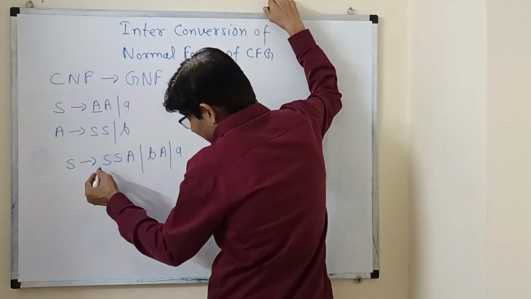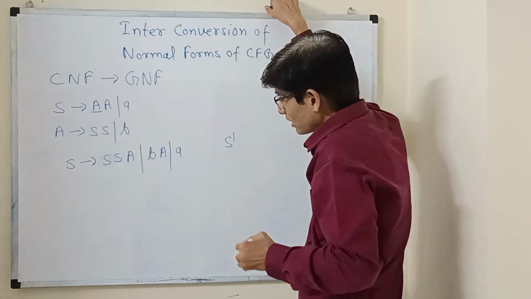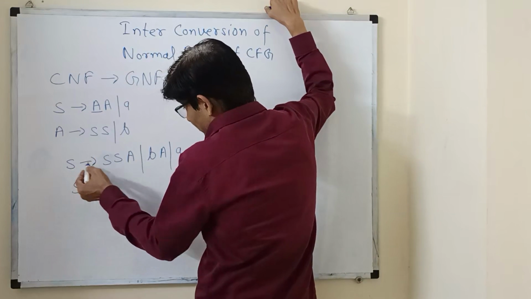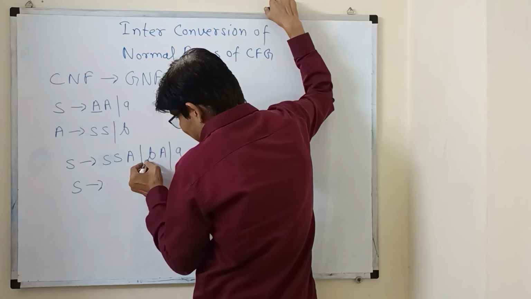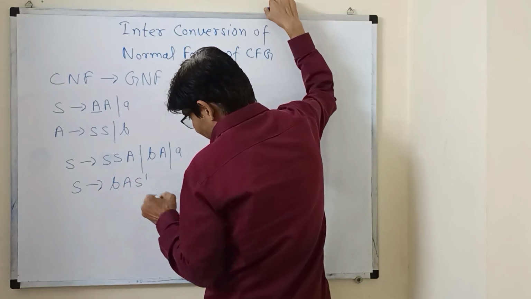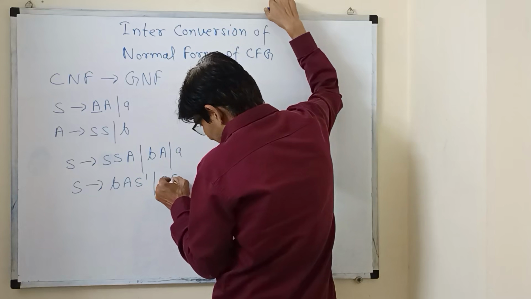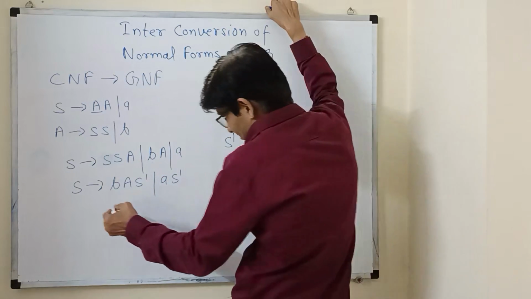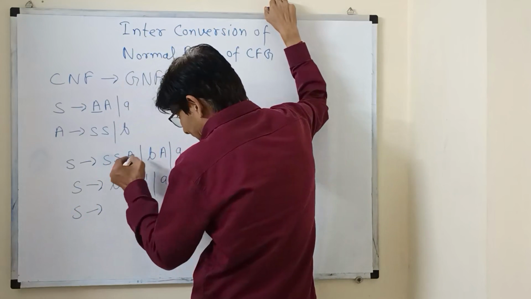I can take one extra variable here as S dash. Now I will write first the production of S here. Here two betas are there. So I can write beta 1 as S dash, so b A S dash, and beta 2 as S dash, so I can write a S dash. Now I will write the production of S dash. So S dash will be alpha S dash.